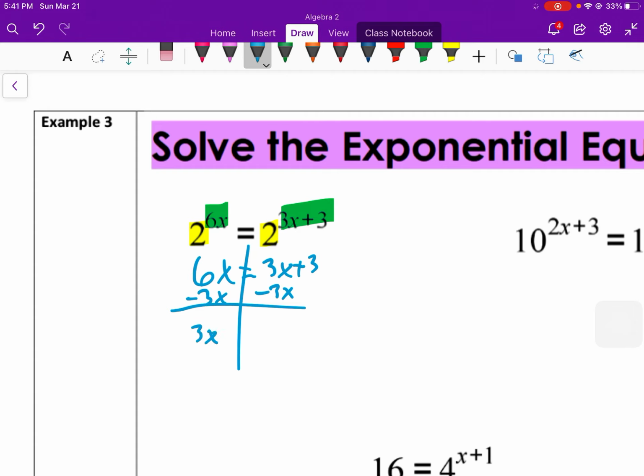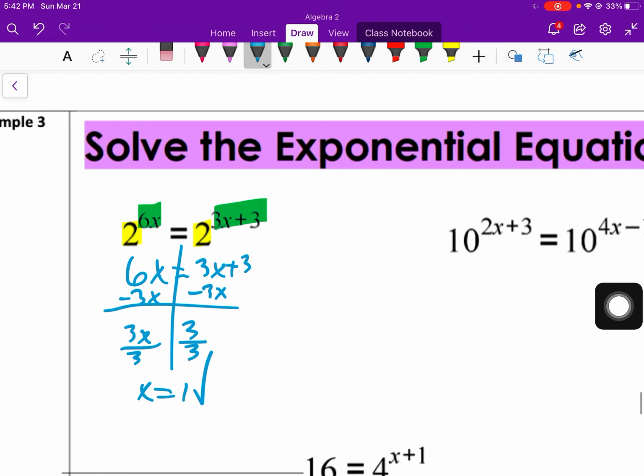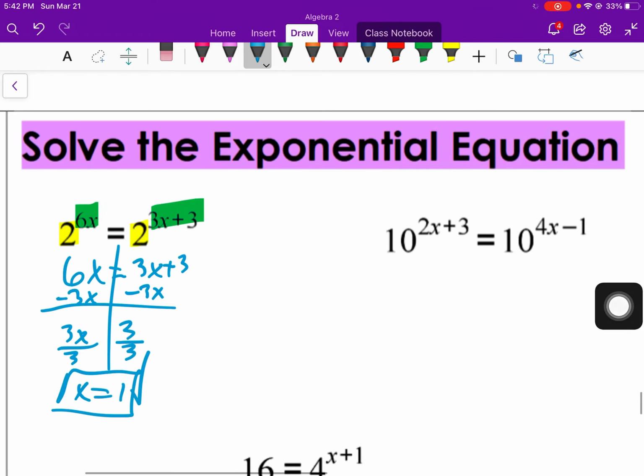So we have 3x equals 3, and then we can divide both sides by 3 so that x equals 1. If we substitute x back in, we have 2 to the power of 6 times 1, and 2 to the power of 3 times 1 plus 3 is 6. So 2 to the power of 6 equals 2 to the power of 6. That works, so this is my solution.